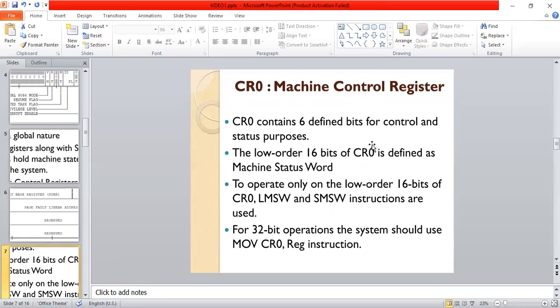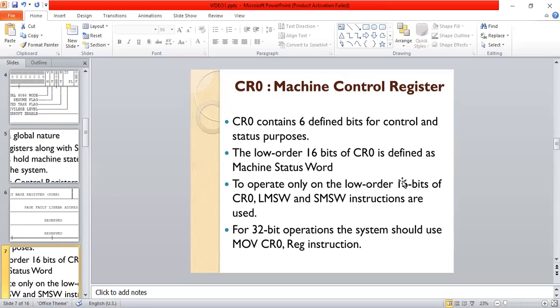CR0, the machine control register. CR0 contains 6 defined bits for control and status purposes. The low-order 16 bits of CR0 are defined as the machine status word. To operate only on the low-order 16 bits of CR0, the LMSW and SMSW instructions are used.